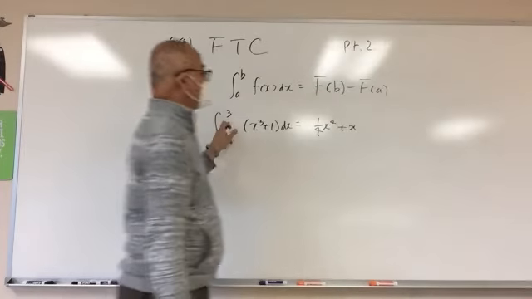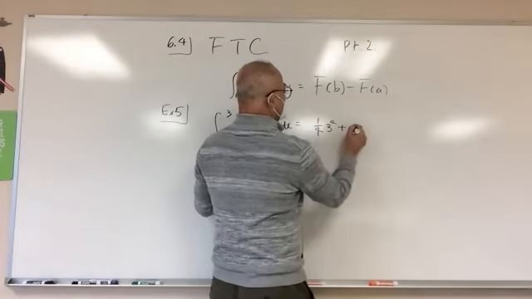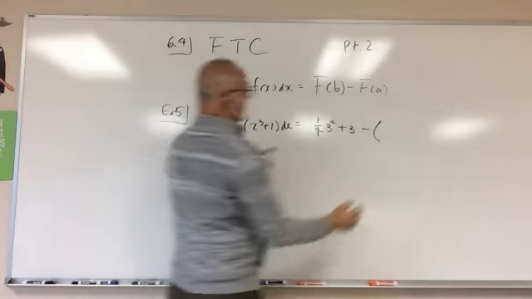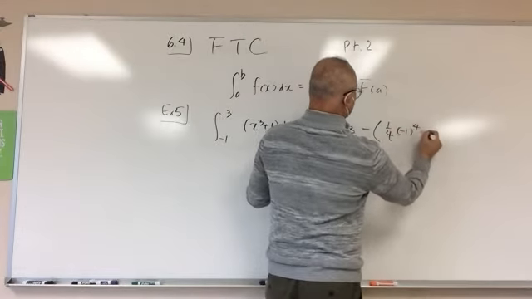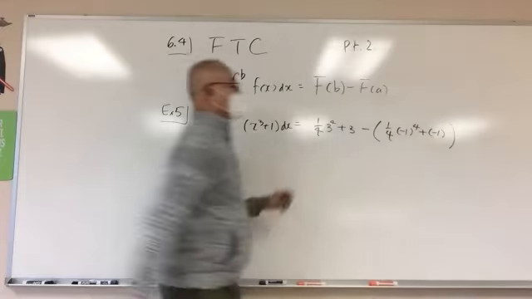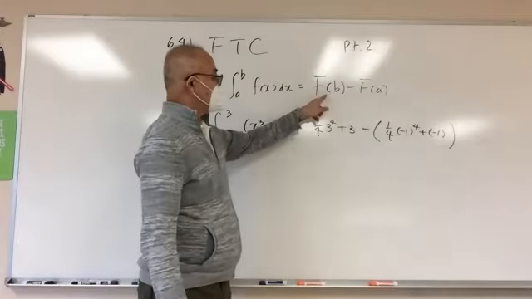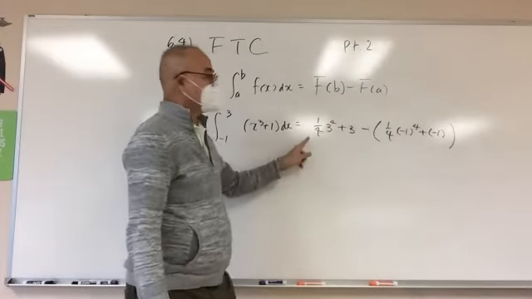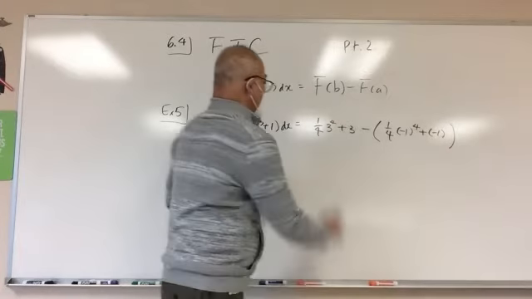Now I have to go to 3, right? So the first one will be F of 3. And then I'm going to subtract F of -1, right? This is basically the large F of 3. This is the large F of -1, right? Let's go ahead and evaluate this.